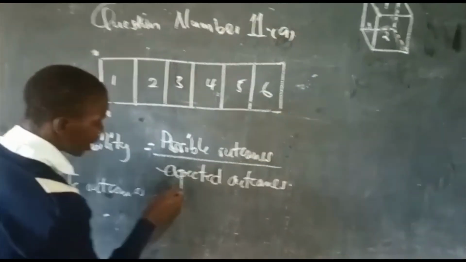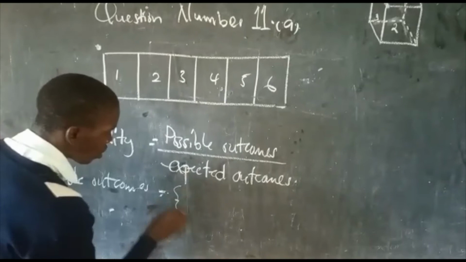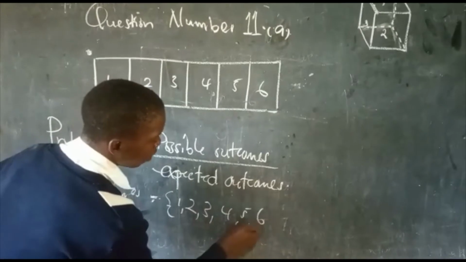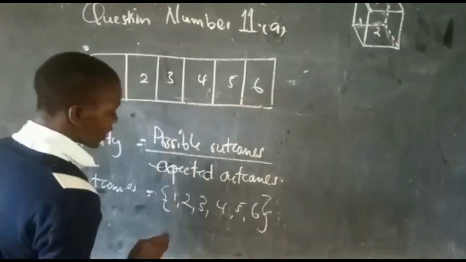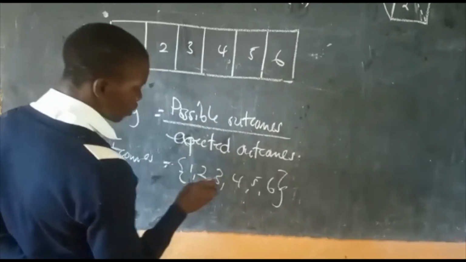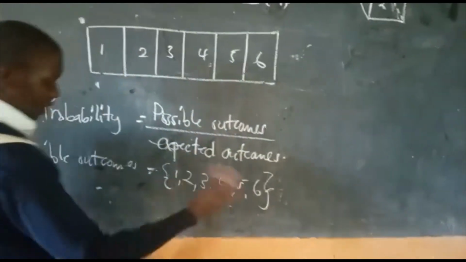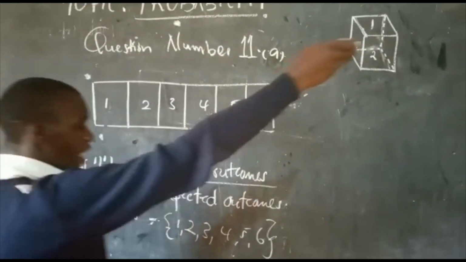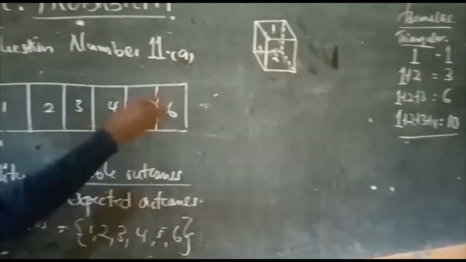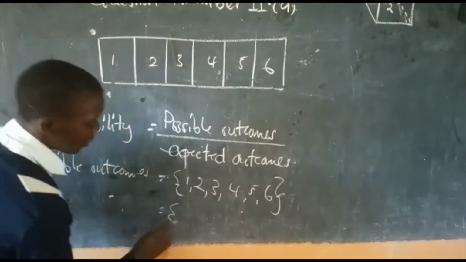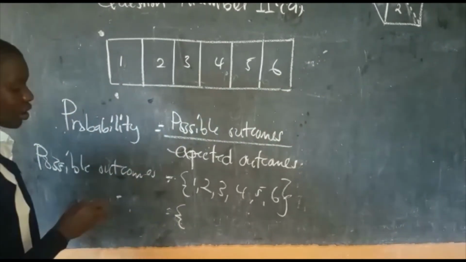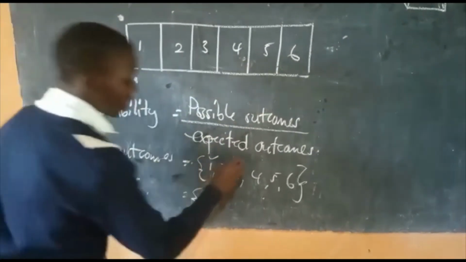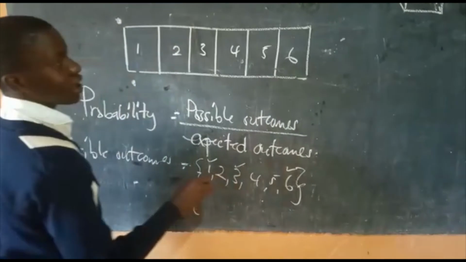The possible outcomes, I must get them from these faces. The first face has 1, the second 2, then 3, 4, 5, 6. From these faces, I will obtain triangular numbers as I listed them. The bracket for triangular numbers that I'm expecting must be 1, 3, and 6.